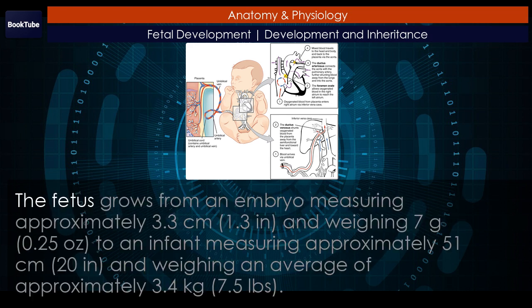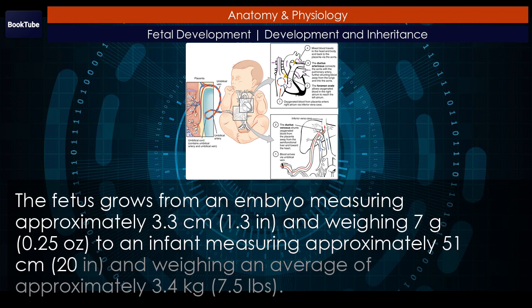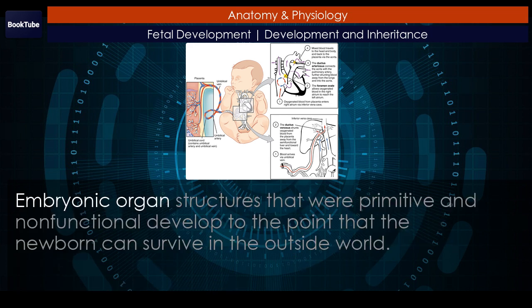The fetus grows from an embryo measuring approximately 3.3 centimeters, 1.3 in, and weighing 7 grams, 0.25 ounces, to an infant measuring approximately 51 centimeters, 20 in, and weighing an average of approximately 3.4 kilograms, 7.5 pounds. Embryonic organ structures that were primitive and non-functional develop to the point that the newborn can survive in the outside world.